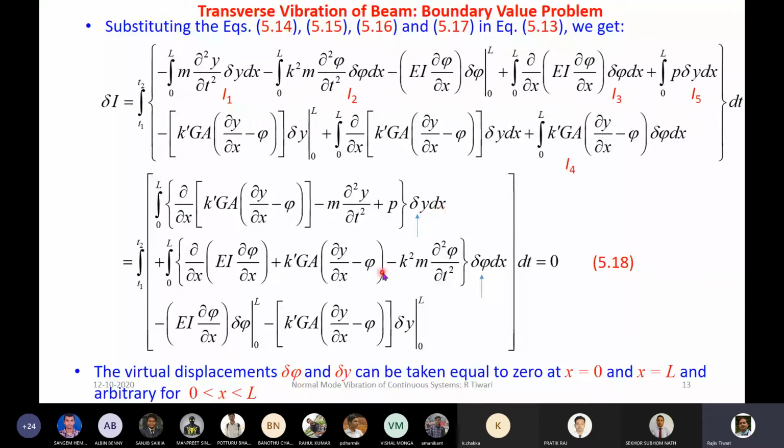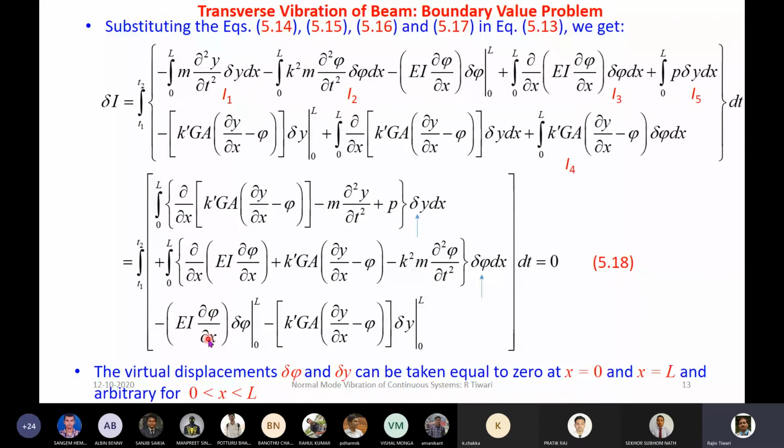Similarly, here in the second one, we have collected the terms of variation of phi. And here also we have three terms. First two terms are from potential energy. This is from the inertia. And this is also having double integration because outside we have integration with respect to time.